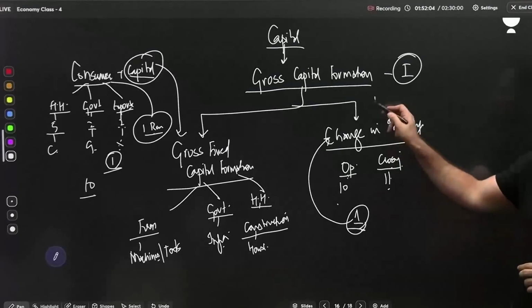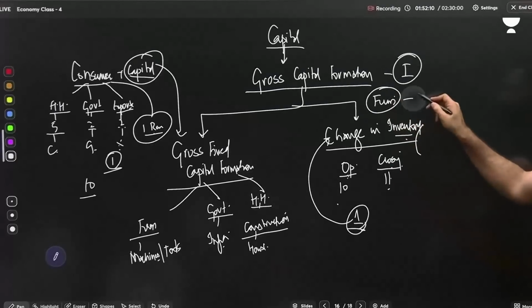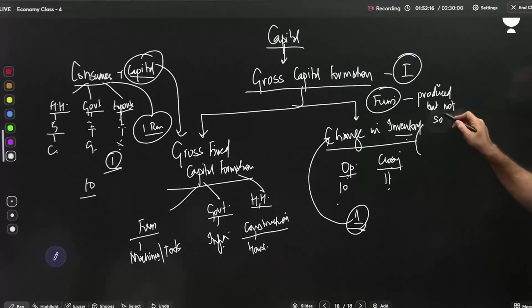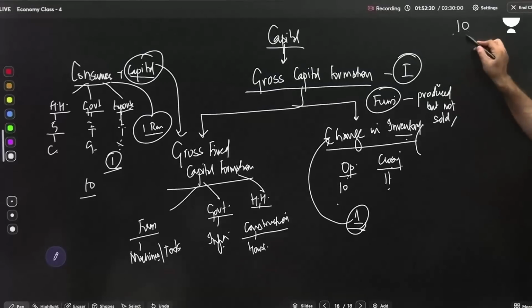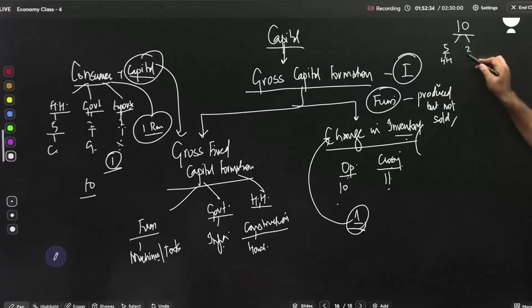This particular expenditure is the expenditure of the firm. That means it includes goods which are produced but not sold. I produced 10 goods, 5 were bought by households, 2 by government, and 2 by the rest of the world, right?